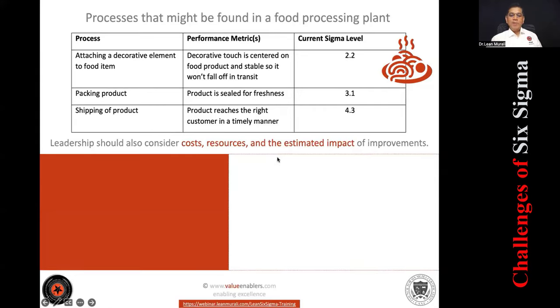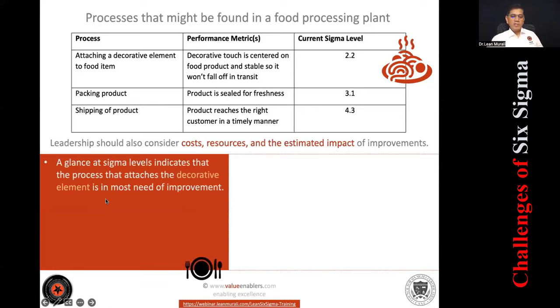Type the name of the process. Okay, naturally, people would say the process with low sigma, right? The process with low sigma is a process that we would want to improve. Now, look at this. At a first glance, sigma level indicates that the process that attaches the decorative element, which is the 2.2 level, needs improvement.